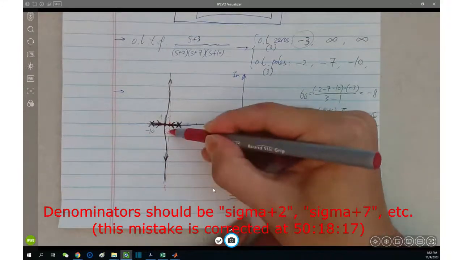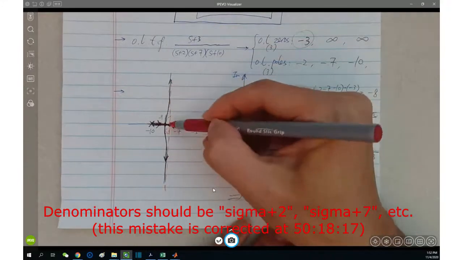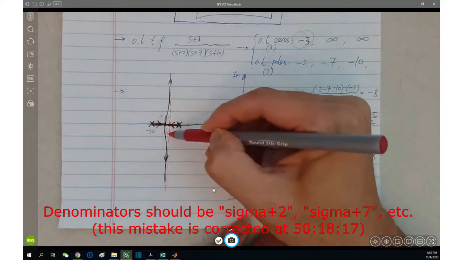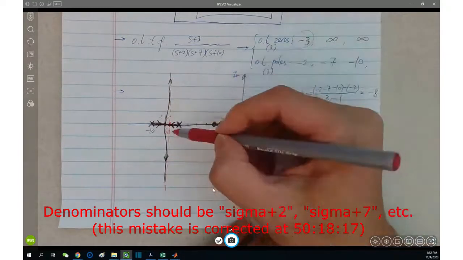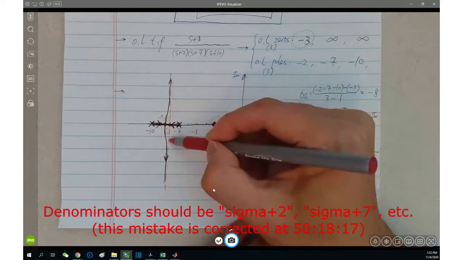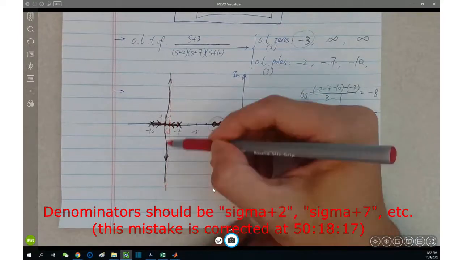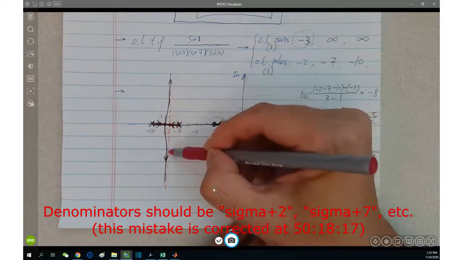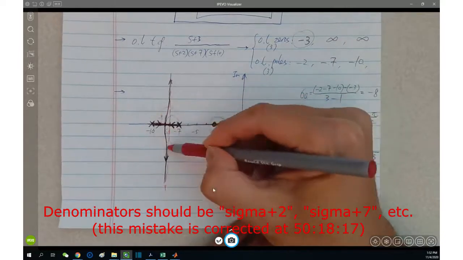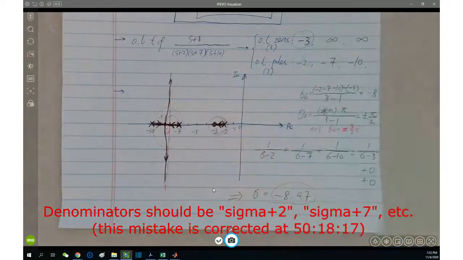So there are two asymptotes. This is one, and this is another one. This one has 90 degrees. This one has 390 degrees, right? That's right, Sawyer was right. It's the line down.